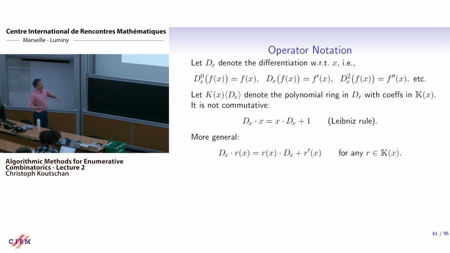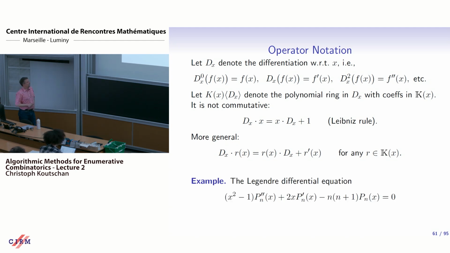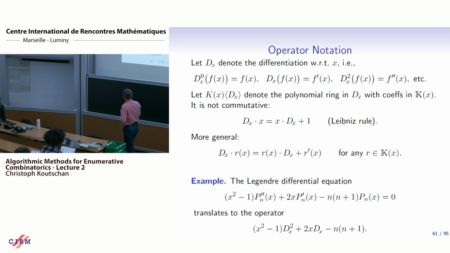Or more generally, you can write it like this. If you have whatever rational function r and you want to commute it with dx, then you get the r prime here. And so as an example, here's the differential equation for Legendre polynomials, a second order differential equation. If you write it as an operator, it looks like this.